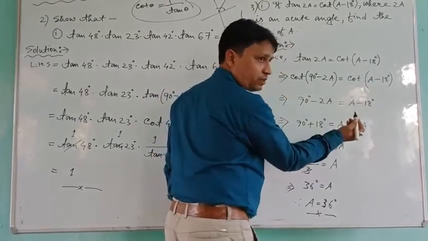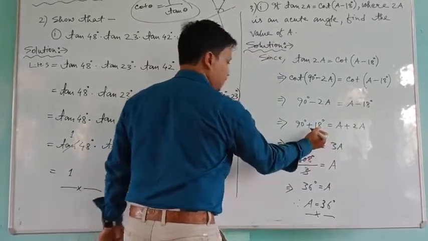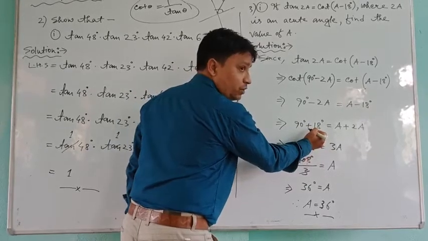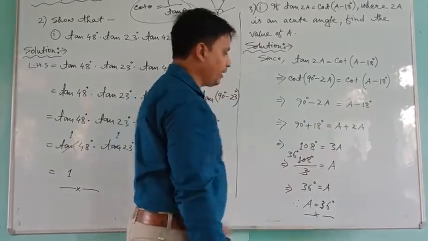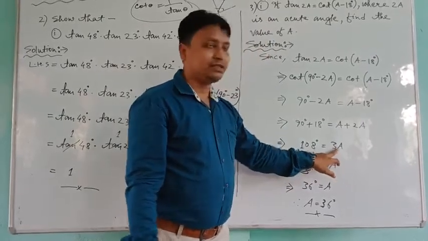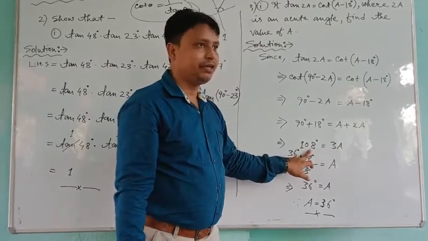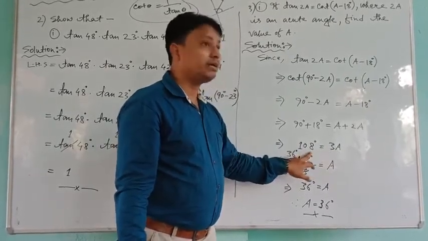Already you know the shifting process. And 18 you shift to the left side, then it will be positive. 90 plus 18 equal to 108 degree. Then A plus 2A equal to 3A. Then 3A, 3 into A, is the product of the factors of 108 degree. So these two are the factors of 108 degree.